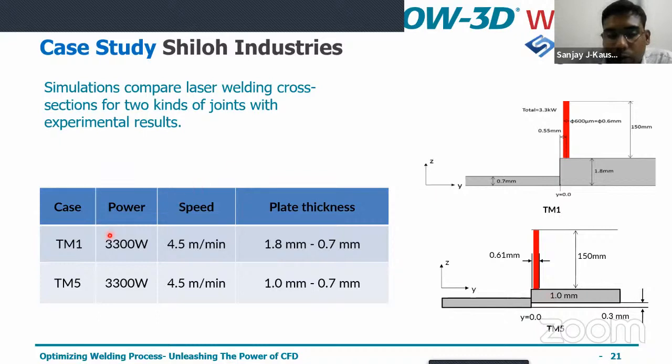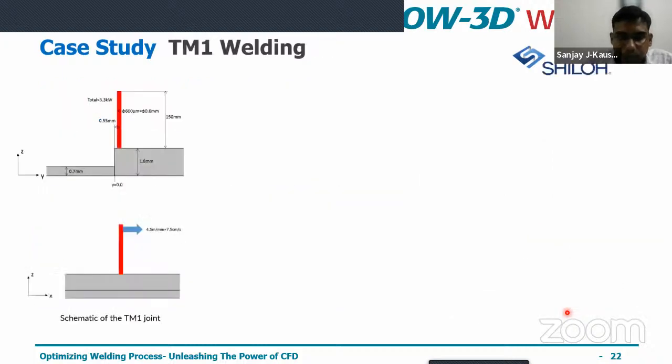But if you make a note of it, the power for both simulations is the same, which is 3,300 watts, and the speed is also the same, which is 4.5 meters per minute. Only the plate thickness is changed, and also the plate's position is changed. So they are trying to see what kind of defects we will get and how efficient the joint will be.